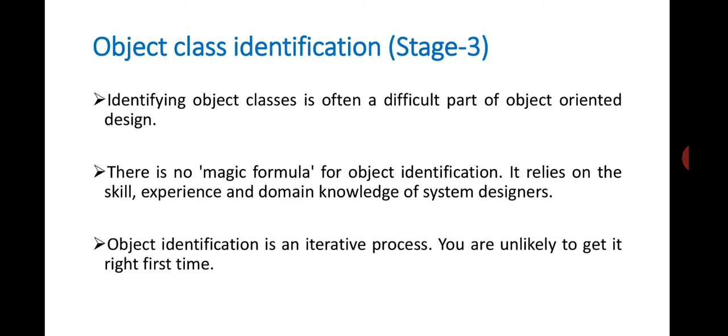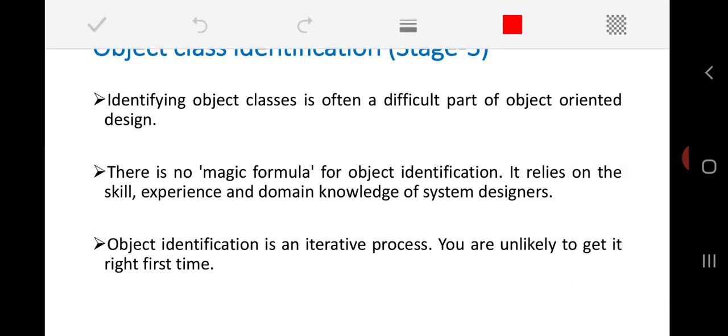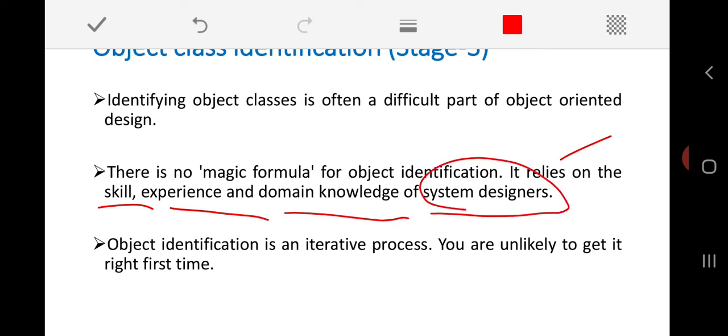Why? Because if you consider any software system to be developed, there are so many entities involved in that. Whenever you start identifying the principal objects related to the system that you are planning to develop, it's not simply a magic formula. Identifying the principal objects always relies on the skill set, experience and domain knowledge of that particular system designer.